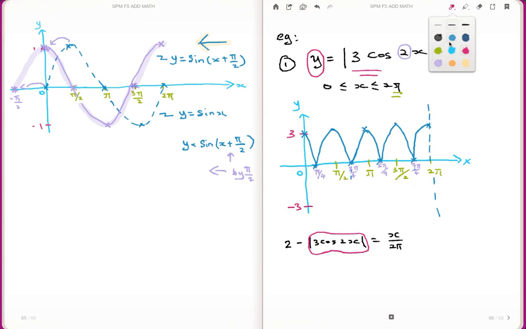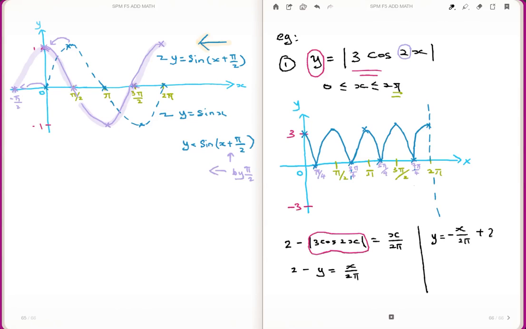So to rewrite this equation, there will be 2 minus y equals x over 2 pi. Then rearrange the negative y to get positive. Therefore y equals negative x over 2 pi plus 2.